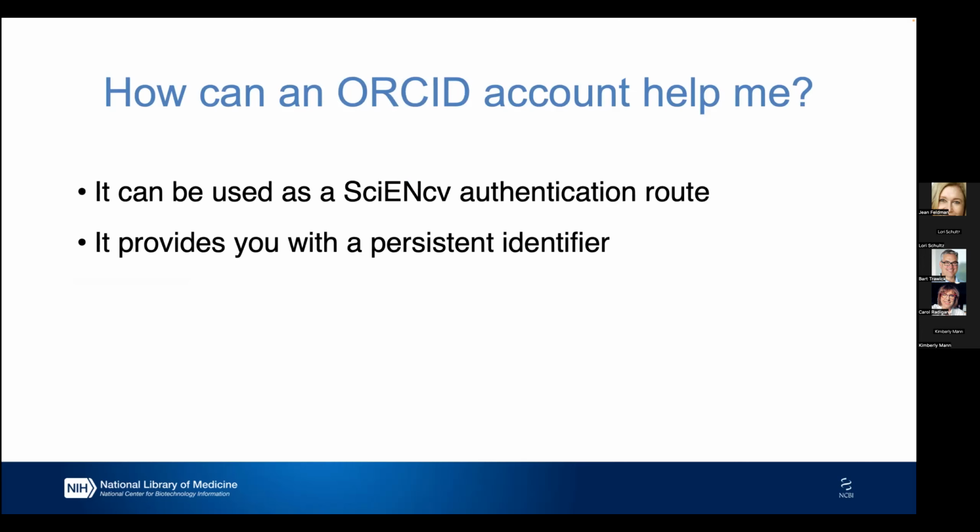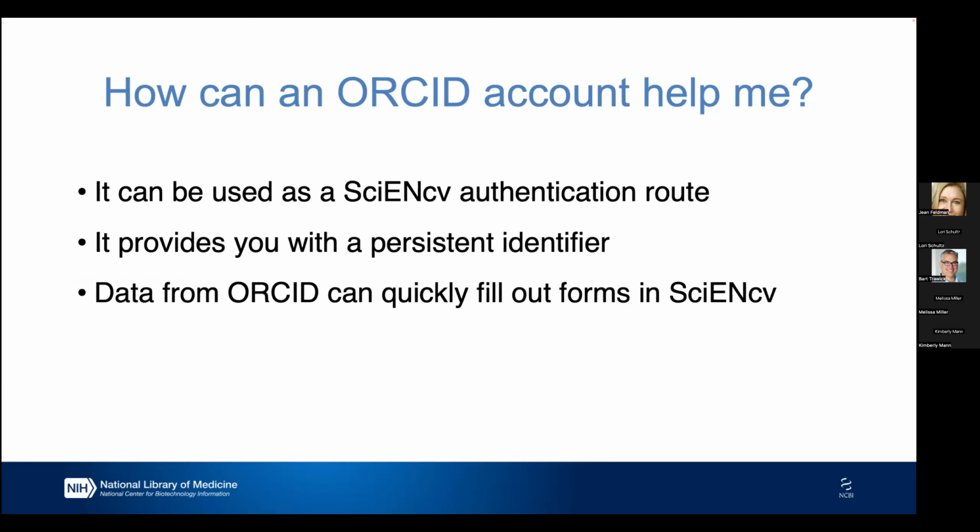If you set up an ORCID account, you will also get a persistent identifier. That is currently an optional field that you can add to these forms. I'm going to show you where that is added and how that works. But a lot of people are using persistent identifiers now in their publication process. When they go to send manuscripts off for peer review, if you add your persistent identifier, it helps with that process as well.